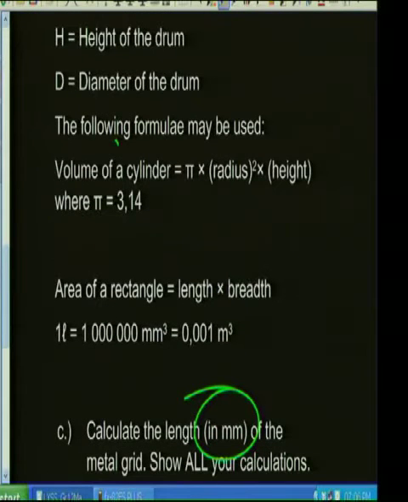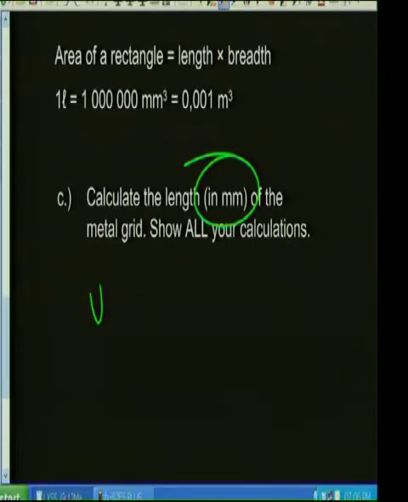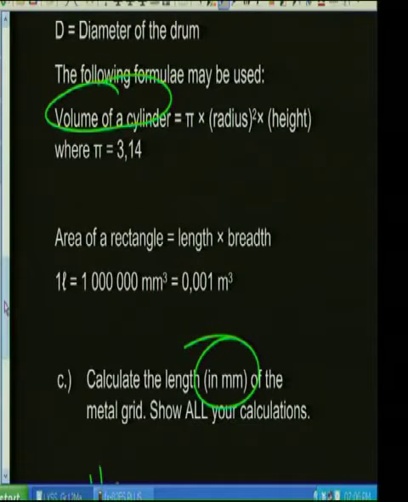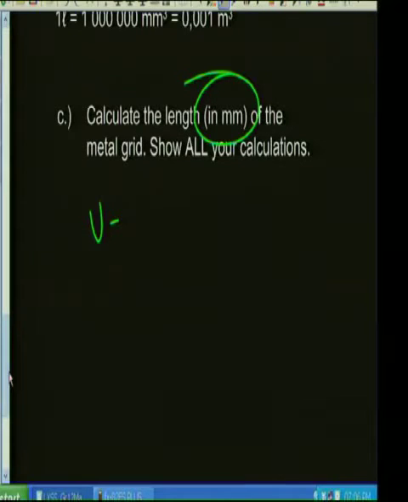And the formula says area of a cylinder. We haven't used it. Let's use this. We're going to say volume is equal to, and it gives it to us very clearly, pi times r squared times the height. Okay. Now, I know that pi is 3,14.